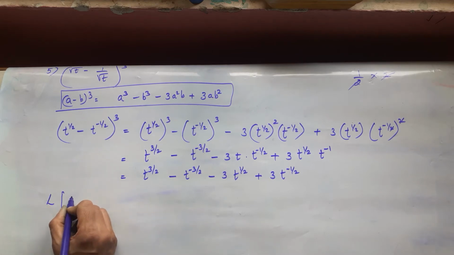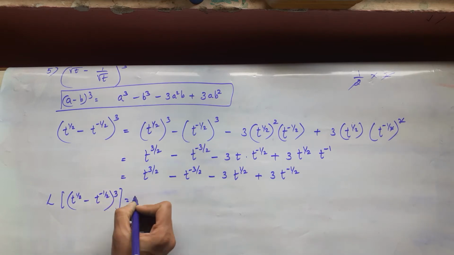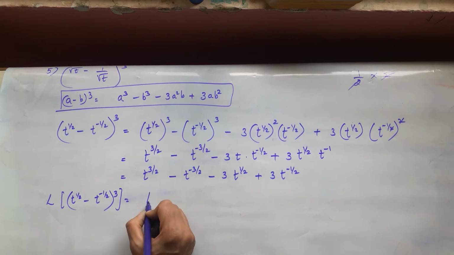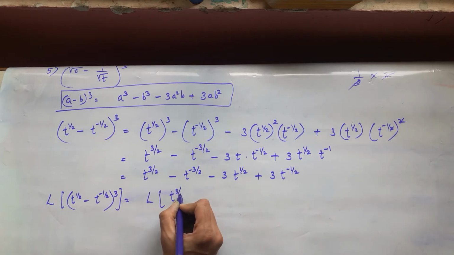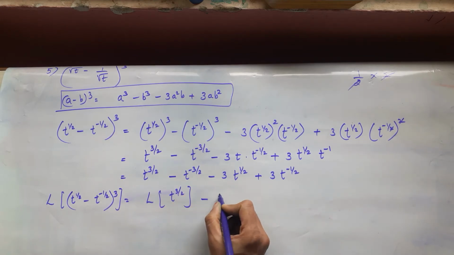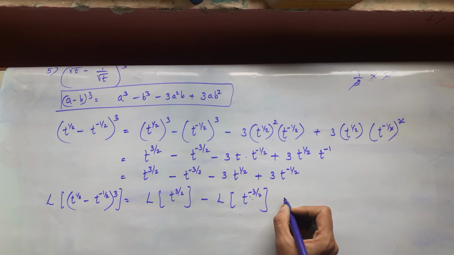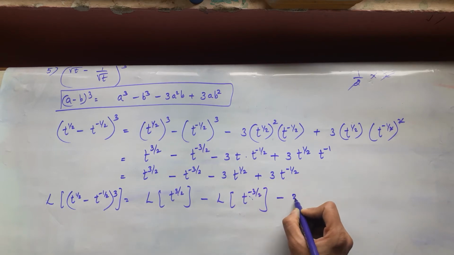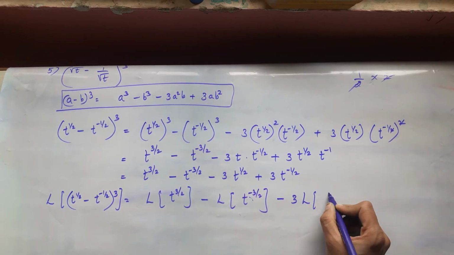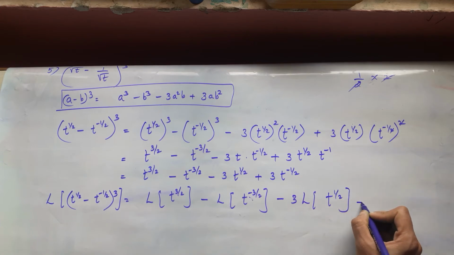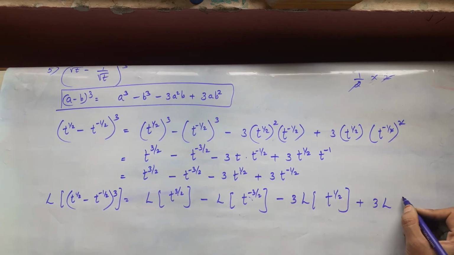The Laplace transform of (t to the power half minus t to the power minus half) whole cube will be the Laplace transform of the individual terms written here: the Laplace transform of this, minus the Laplace transform of t raised to minus 3 by 2, minus 3, a constant taken outside, times the Laplace transform of t raised to half, plus 3 times the Laplace transform of t raised to minus half.